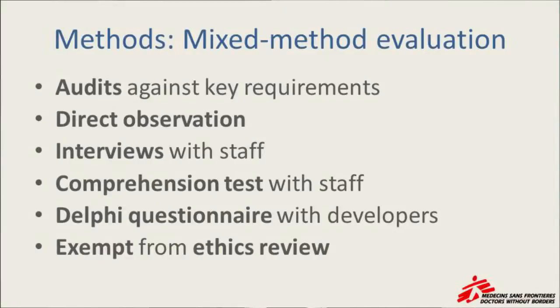We'll talk in a little detail about the methods because these are important. We had an audit. There were 25 key requirements for the system. Could it work in an offline environment? Did it do everything that a paper record could do? Did it have the necessary safety features? Those audits also acted as a safety check, done before, during, and after the pilot.